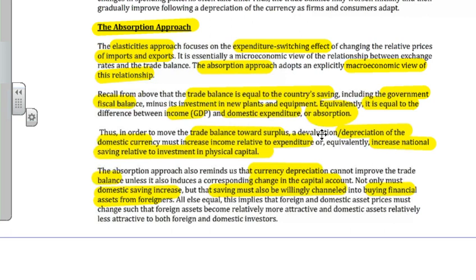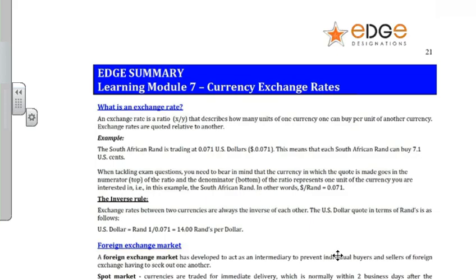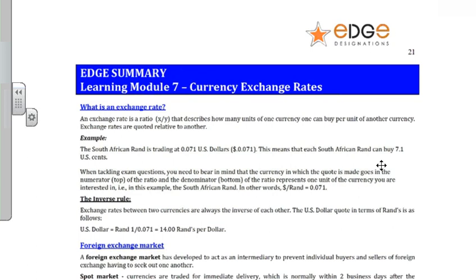Everything being equal, foreign and domestic asset prices must change to the extent that foreign assets become more attractive and domestic assets less attractive to both foreign and domestic investors. A little bit theoretical there towards the end. Don't focus too much on the grand detail of everything. Just get the concepts behind those two approaches that we spoke about, elasticities and absorption.